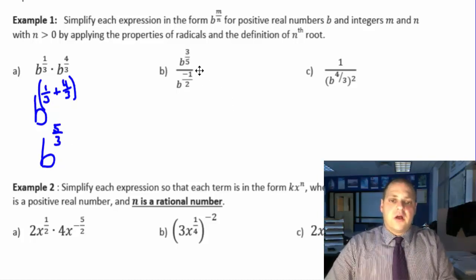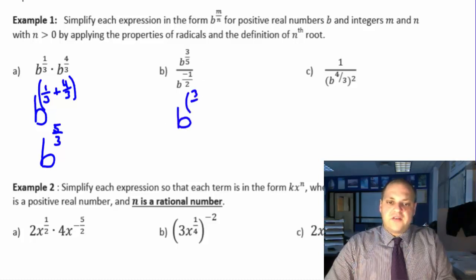Dividing, so we're going to subtract the exponents. b to the 3/5 minus negative a half, so plus a half. Minus a negative is plus. You should know that by now. So that's going to give us b to the what?